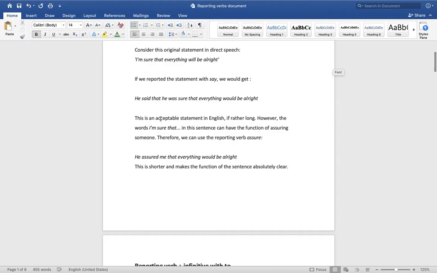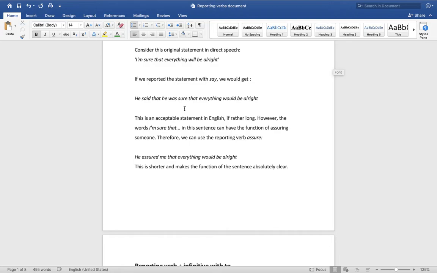Now, in reported speech, and this is what you are supposed to know how to do by now, it would be something like, he said that he was sure that everything would be all right. That means, él dijo que estaba seguro de que todo iría bien, de que todo estaría bien. He said that he was sure that everything would be all right.